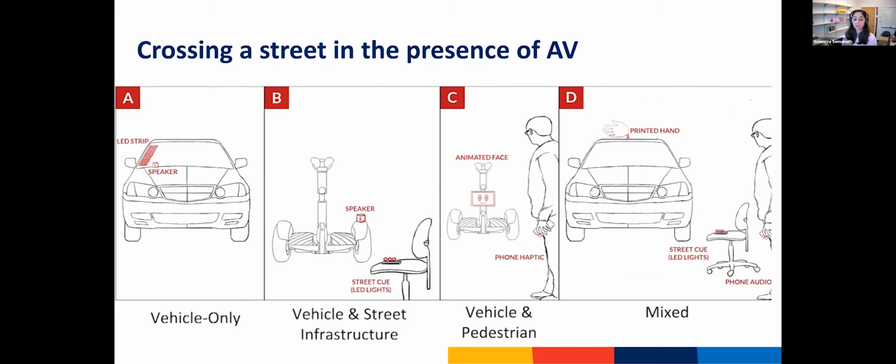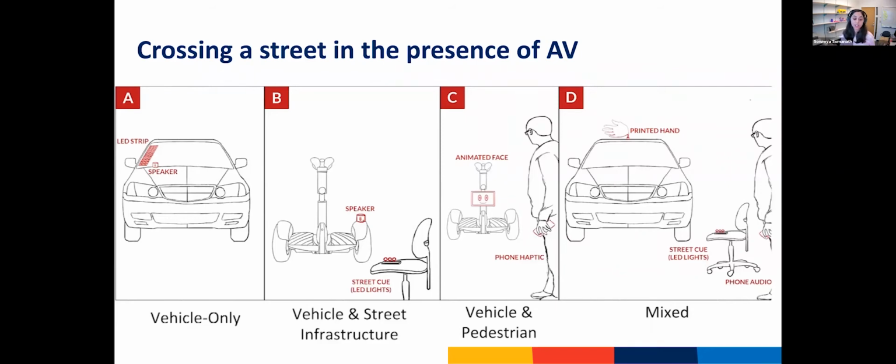And then there are those where there may be a driver, but they don't really have to pay much attention. And then there are fully autonomous vehicles, where the idea is that there won't be a driver, and these vehicles can drive around by themselves. So how would these technologies communicate with us in order to ensure that we make safe crossing decisions?